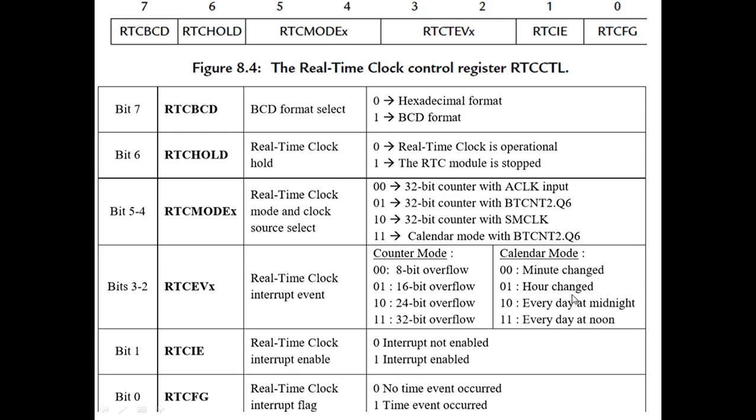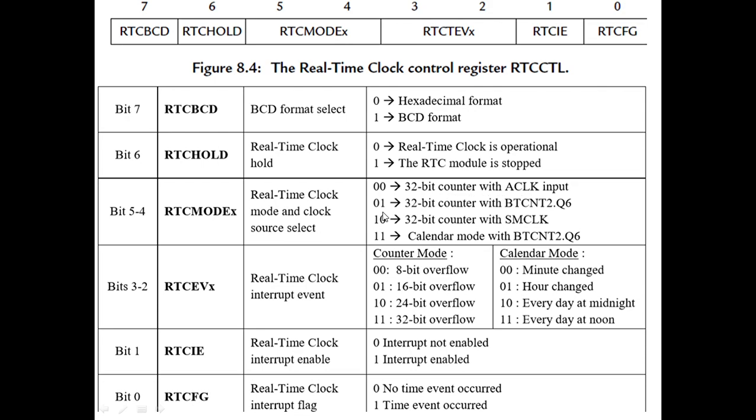Similarly, bits 5 and 4 indicate the real-time clock mode source select. That means the real-time clock mode where the bit value is 00 indicates that it acts as a 32-bit counter sourcing from the auxiliary clock system. The clock signal is coming from the auxiliary clock system.